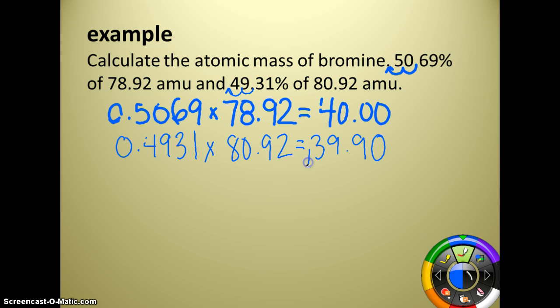So now you take these two, add them together, and we get 79.90 is going to be our average atomic mass. And if you look up bromine on the periodic table, its mass listed on the periodic table is 79.904. Should be very similar.